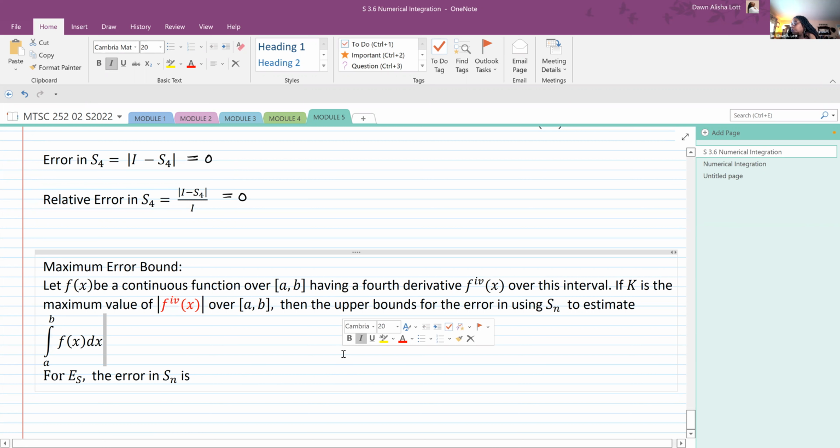Okay, so what's the fourth derivative in this problem? Let's see.